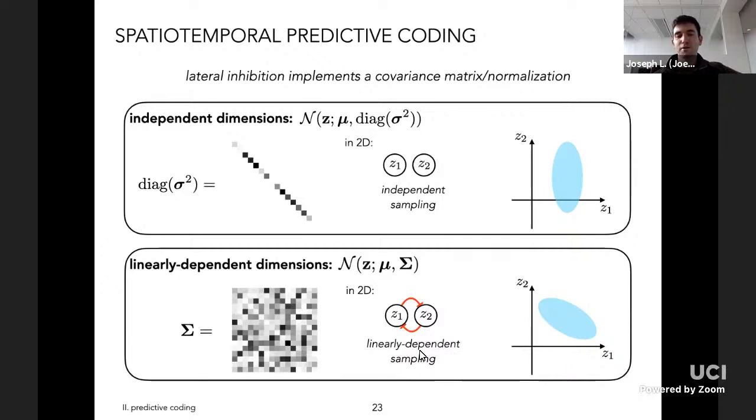So we have linearly dependent sampling going on, being mediated through this covariance matrix. And that can be performed using this kind of lateral inhibition, where first you sample Z1, then you use that to determine what you sample for Z2, or vice versa.